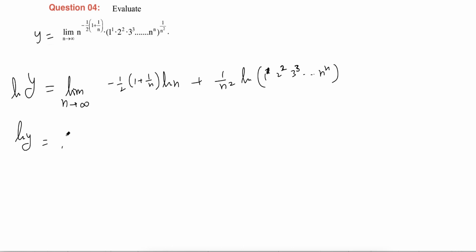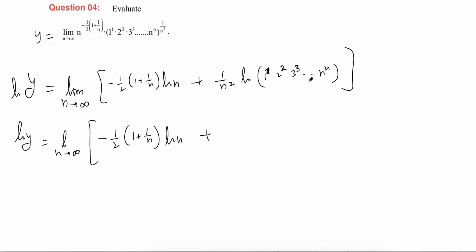ln y is equal to limit n tending to infinity. Watch carefully, little bit calculation is there, so please concentrate. Minus 1 by 2, 1 plus 1 by n, ln n plus, if you take ln, what will happen? This addition will become, so I can write 1 by n square sigma ln r power r, r varies from 1 to n.